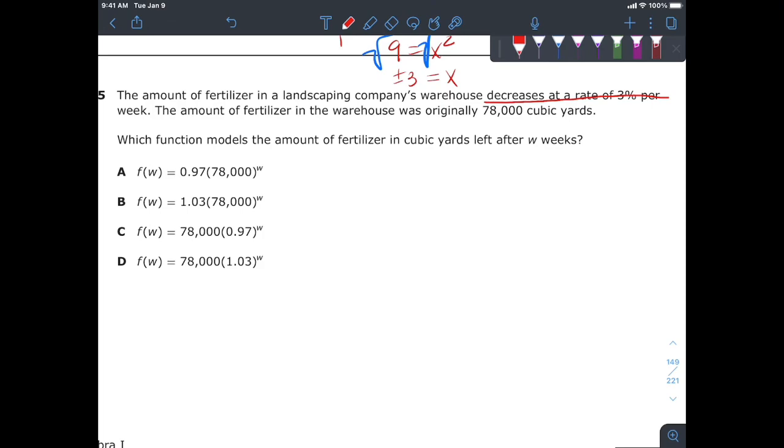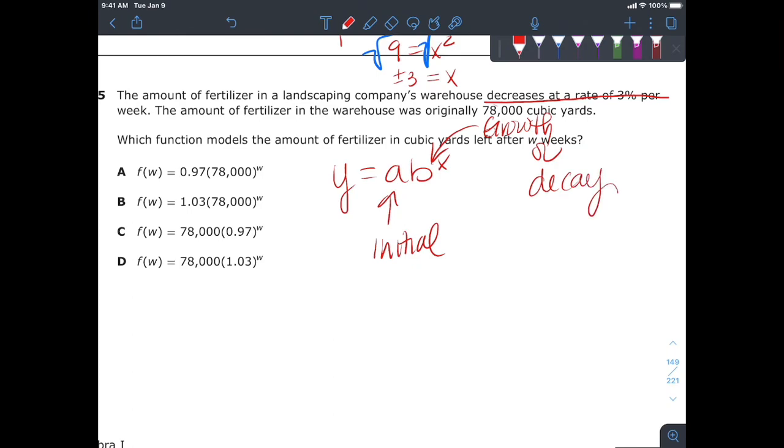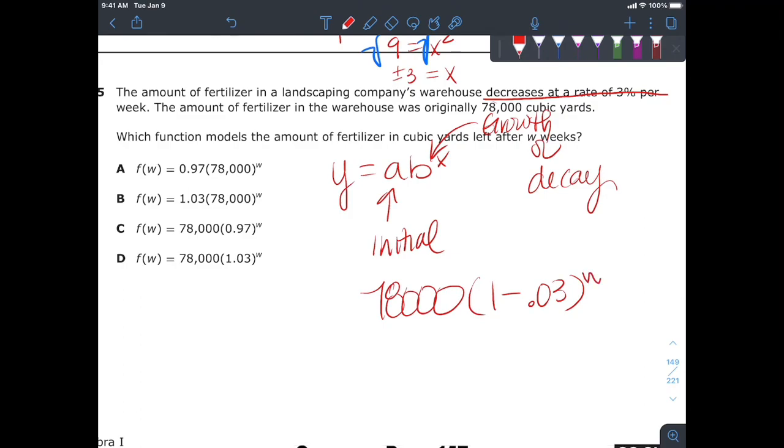So we're starting out, remembering we always format these equations like this. This is my initial amount, and here is going to be my growth or decay. So that means my initial amount of 78,000, and we're going to decrease at a rate of 3% every week.